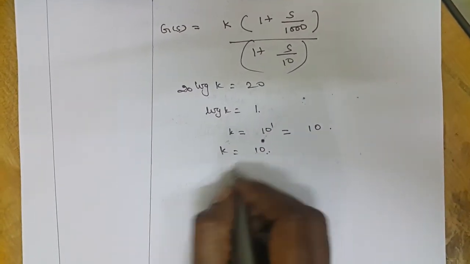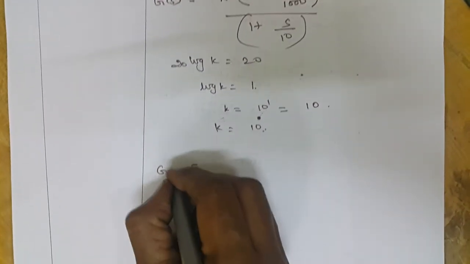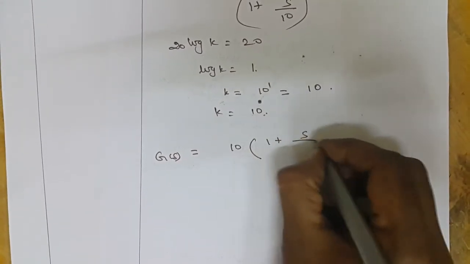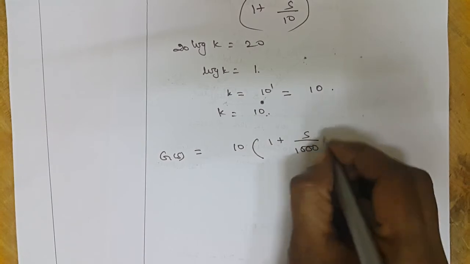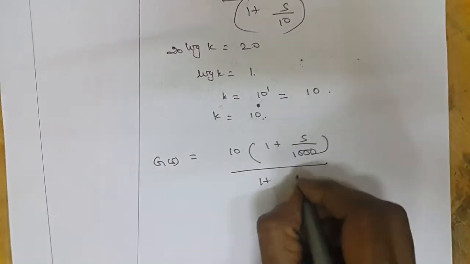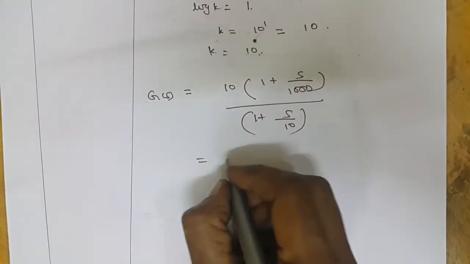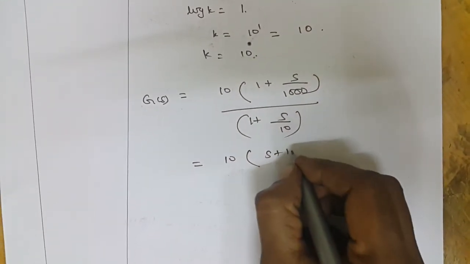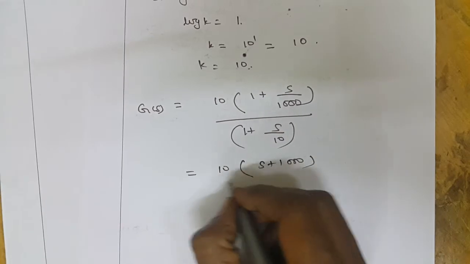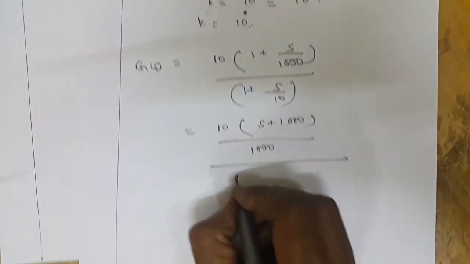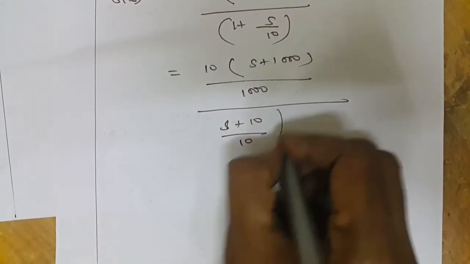Now we can substitute this value in the transfer function. G(s) equals 10 into (1 plus s by 1000) divided by (1 plus s by 10). If we take the LCM, we get (s plus 1000) divided by 1000, whole divided by (s plus 10) by 10.